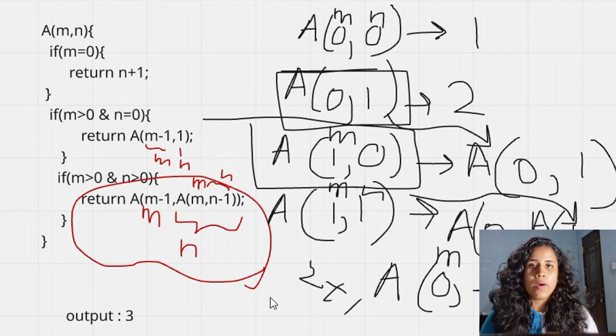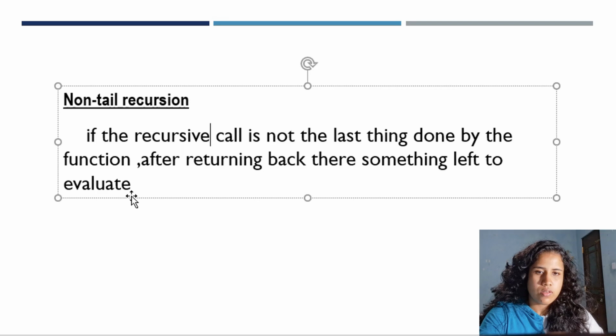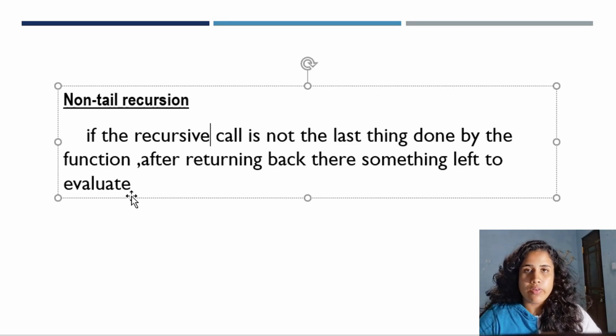So now we'll talk about non-tail recursion. It means the recursive call is not the last thing done by the function, which means after returning back, there is something left to evaluate. I hope you all remember what tail recursion is. It's the exact opposite of non-tail recursion.